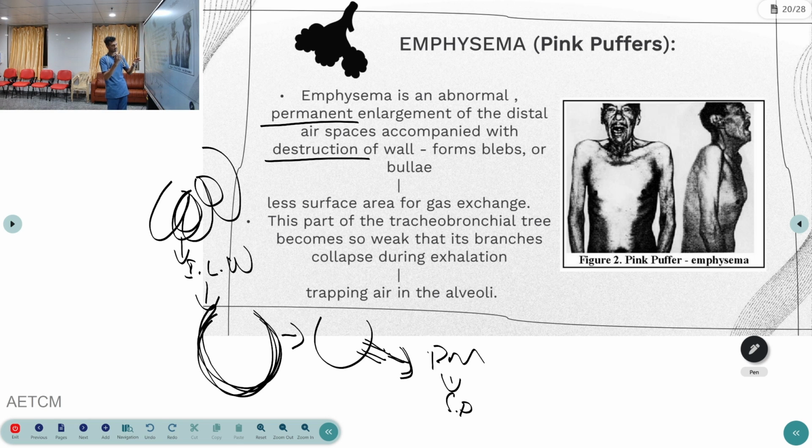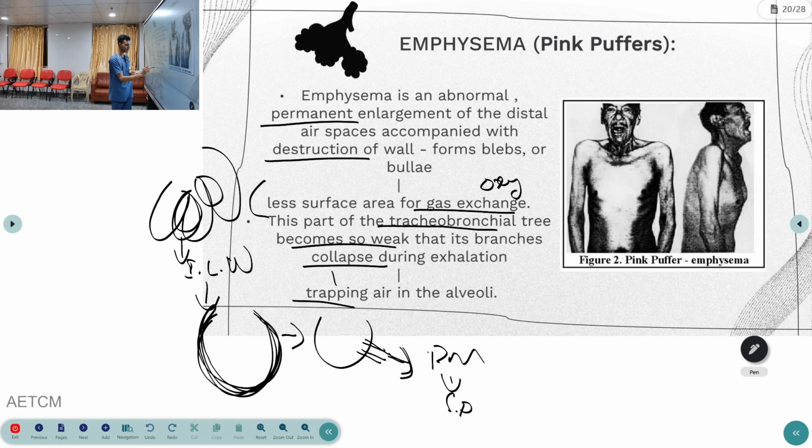So what will this lead to? Here we won't have adequate alveoli. Alveoli mainly take part in oxygenation, the exchange of gases, and the loading of oxygen molecules. So that gets reduced. In the second part of emphysema, the tracheobronchial tree becomes so weak that its branches collapse during exhalation because of the positive pressure.